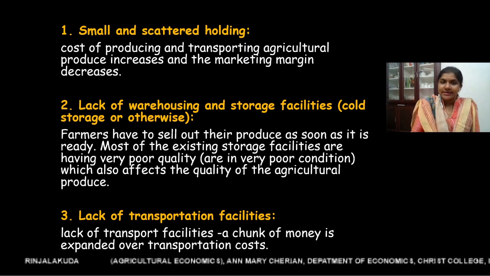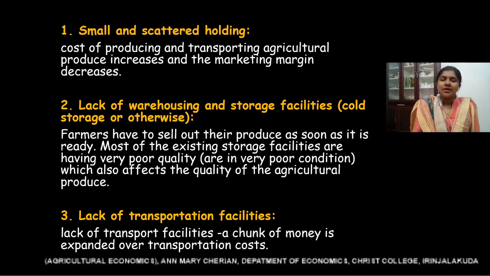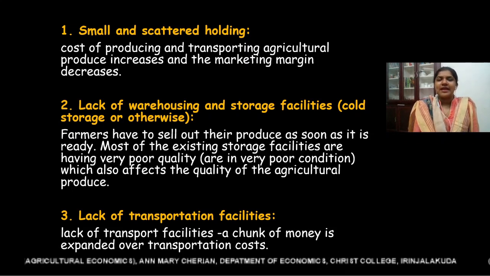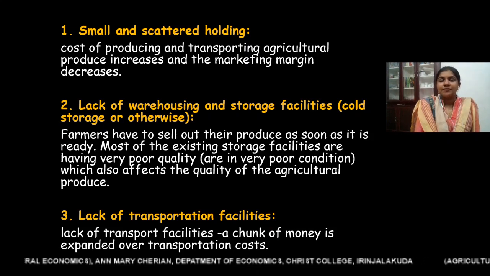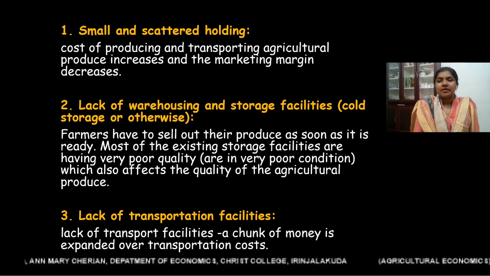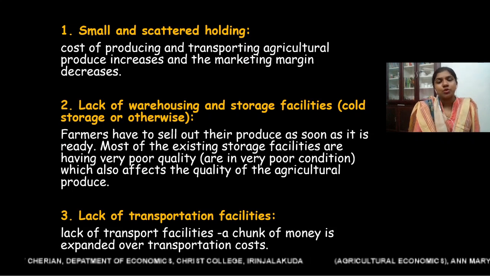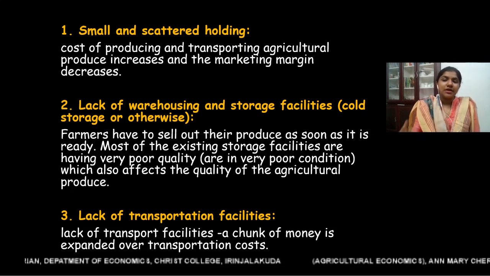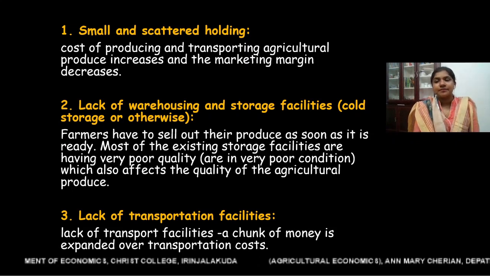And moving on to the next challenge, lack of transportation facility. The agriculture sector is affected by lack of transportation facility, especially farmers settled in rural areas. They lack appropriate transportation vehicles for their perishable goods, and there is also lack of linkage roads to mandis or to markets.